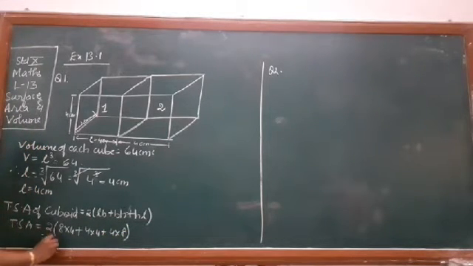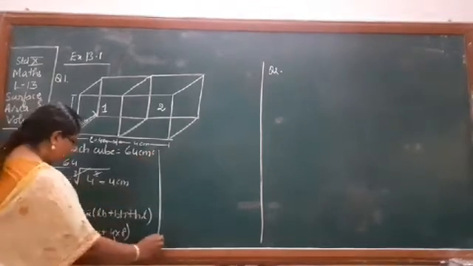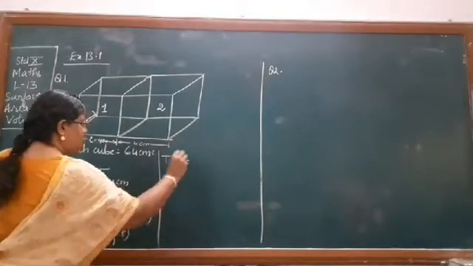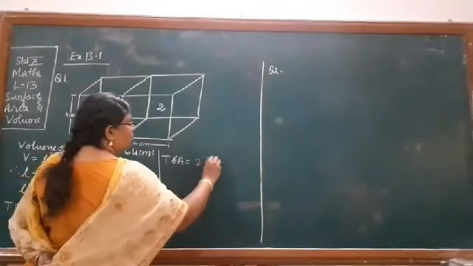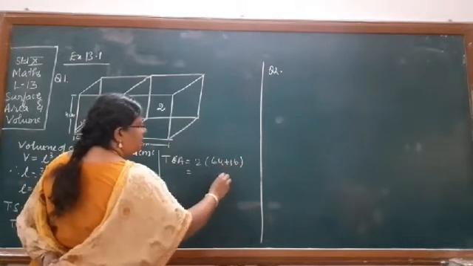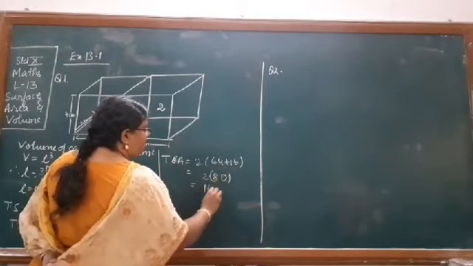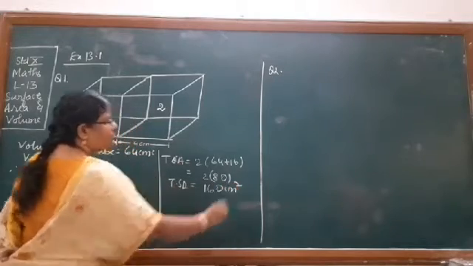So that becomes 2 into 32 plus 16 plus 32. If you carry out the calculation further, I get TSA is equal to 2 into, 32 plus 32 is 64, 64 plus 16, that is 80, so 160 centimeter square.